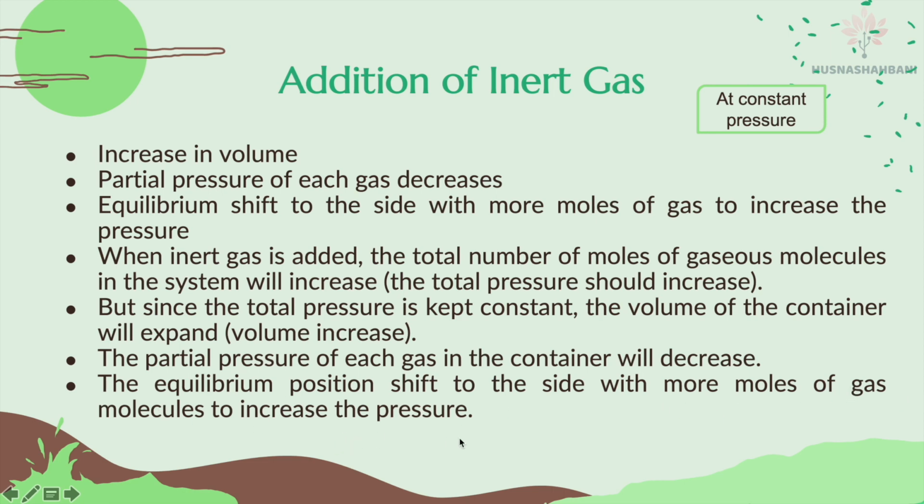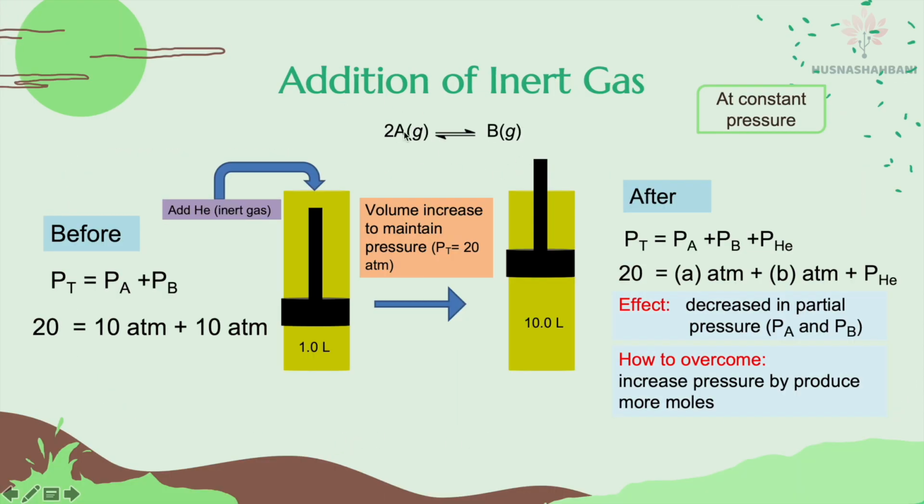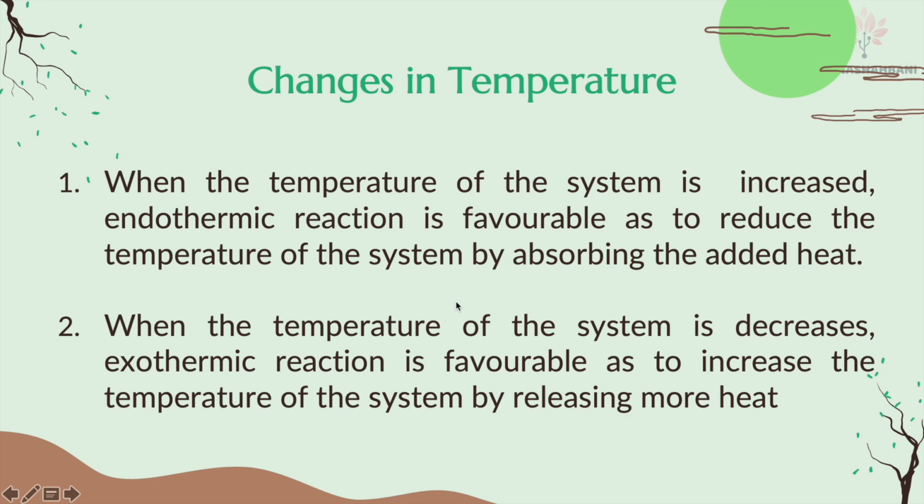So here you have 2 moles of A versus 1 mole of B, more moles on the left, and the equilibrium shifts to the left. Next, changes in temperature.